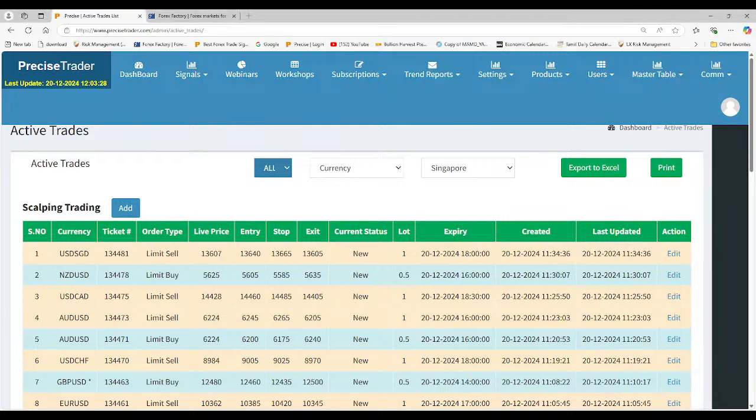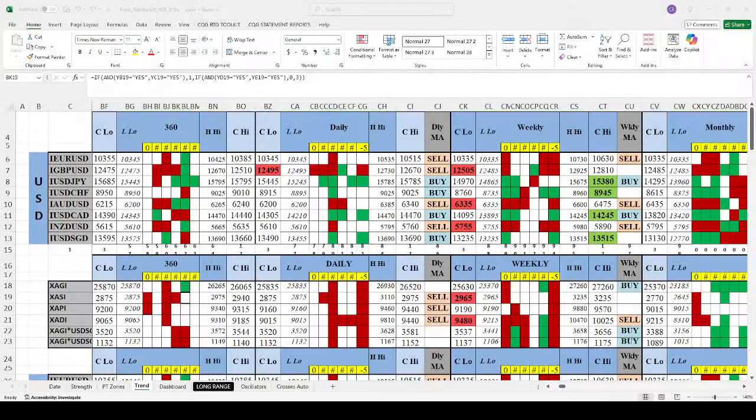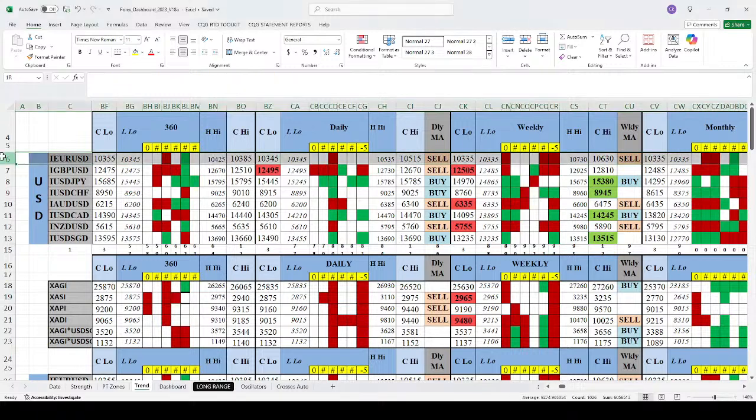Okay, so now let's look at the euro dollar and the trend direction on the three different time frames, basically the 360, daily and weekly.